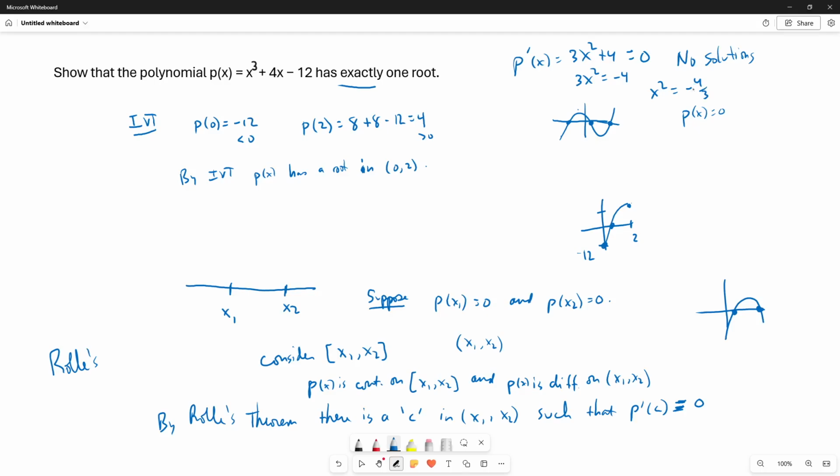X squared can't be negative. No solutions. So if we were to suppose that our polynomial had two roots, then we would get the contradiction that x squared would be a negative number. And therefore this supposition must be false, and so the polynomial cannot have two roots.